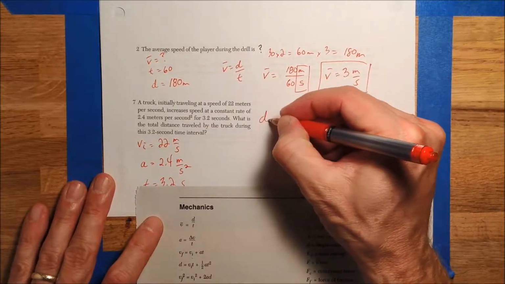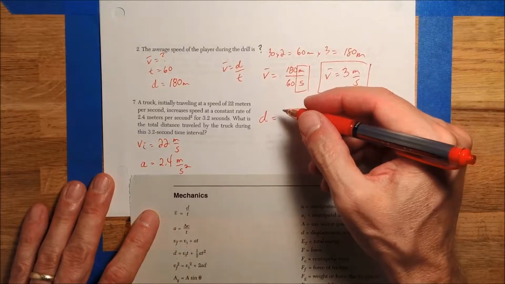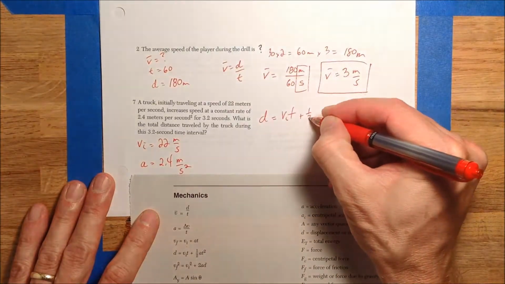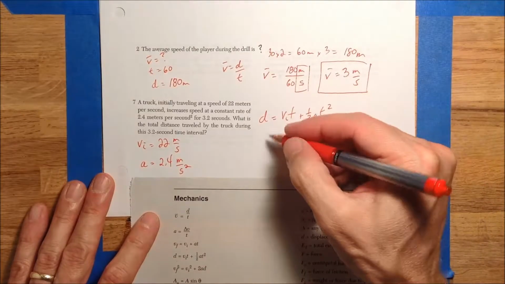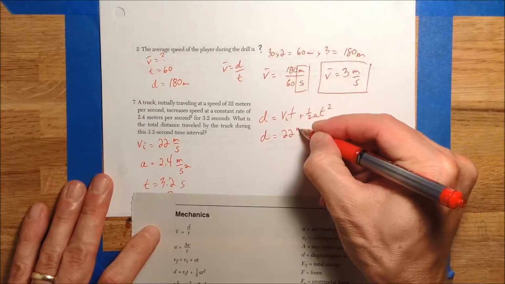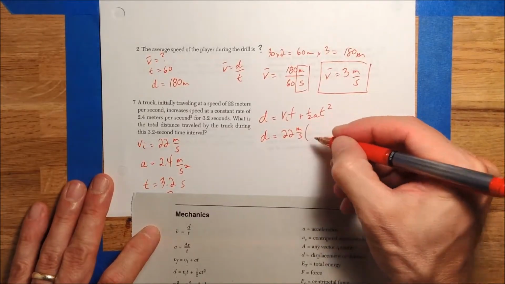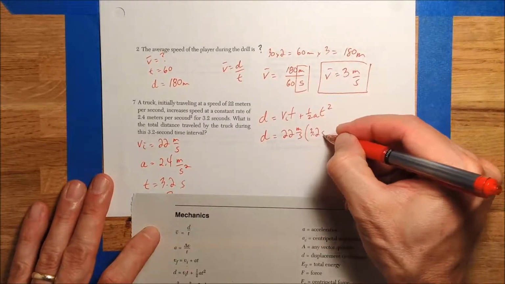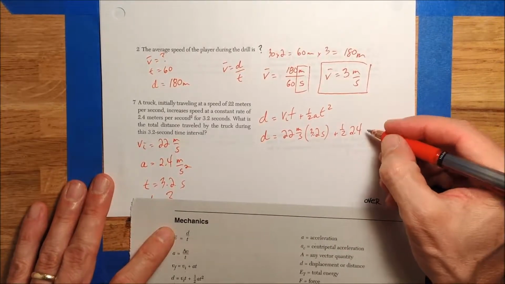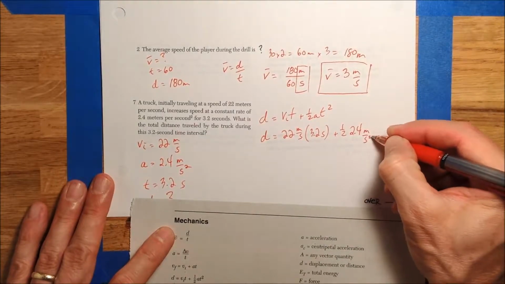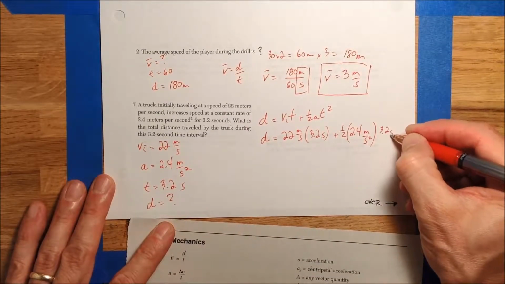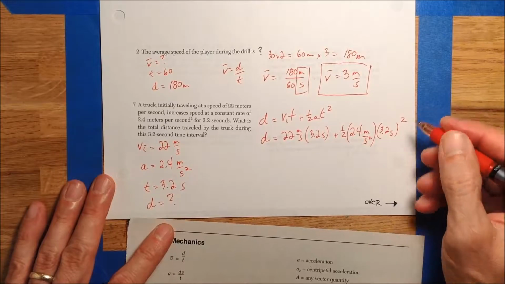It is d equals vi t plus 1/2 a t squared. Therefore, d, what's vi, is 22 meters per second times time, 3.2 seconds, plus 1/2, 2.4 meters per second squared times 3.2 seconds squared.